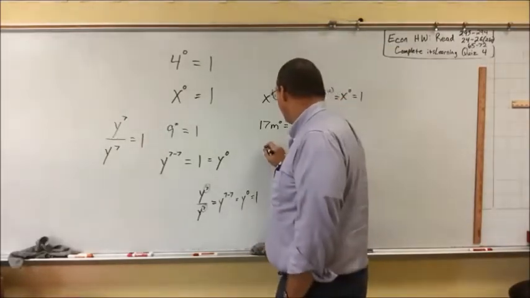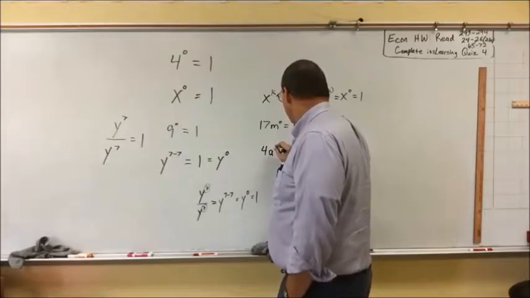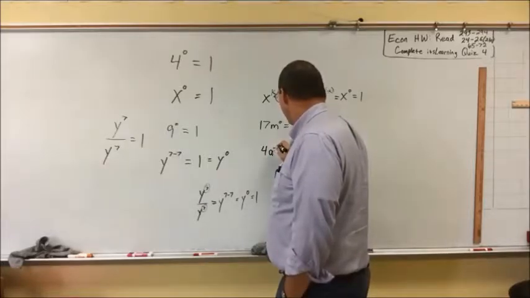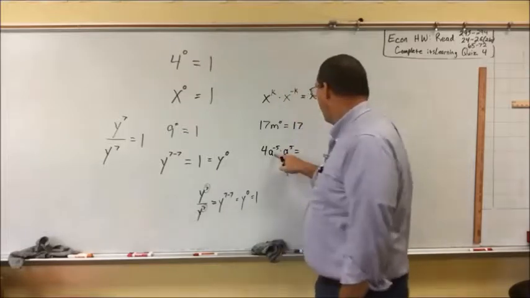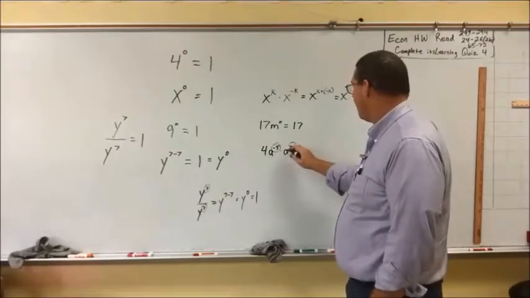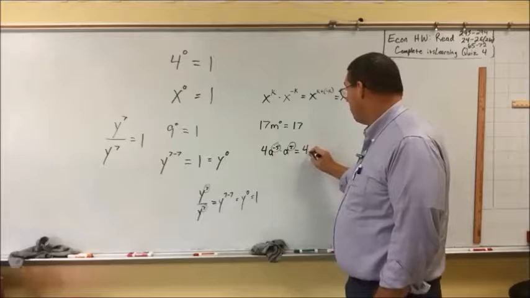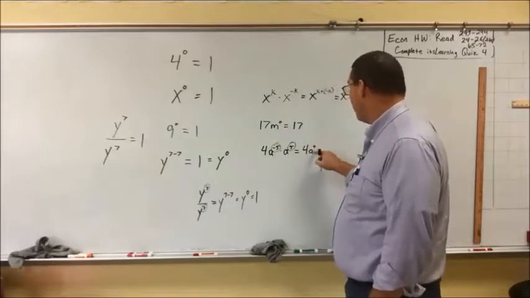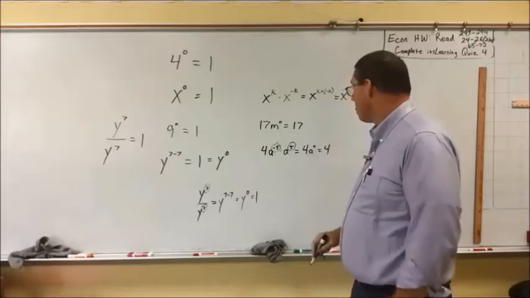Or what if I had 4 times a to the negative 5th power times a to the 5th power? Well, a to the negative 5 times a to the 5th, if we add negative 5 and 5, then we're going to have 0. This will be a to the 0 power. 4 times a to the 0 power. And a to the 0 power is 1 times 4 is 4.